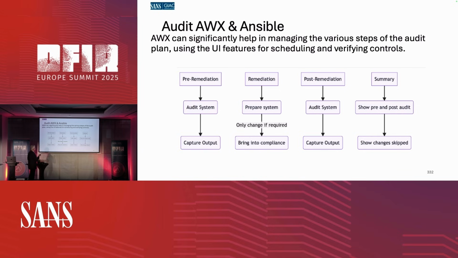We can schedule and verify the controls, starting from pre-remediation, remediation, post-remediation, and a summary. You follow all the steps. And for auditors, who are usually not technicians like sysadmins, having a console that can schedule and manage all these steps is very useful.